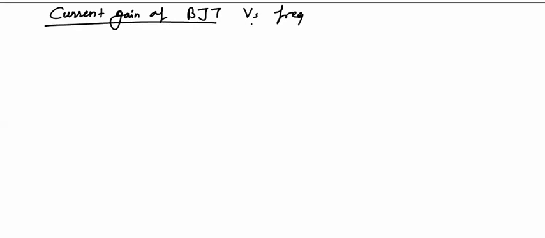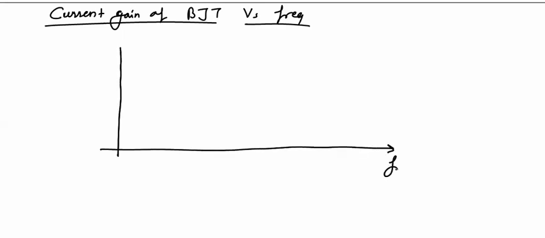At high frequencies, we will see how the operation of BJT is affected, means current gain is affected by these junction capacitances. At low frequencies, the current gain of BJT is sufficiently high, that is minus HFE, and as we increase the frequency, the current gain starts decreasing, and we obtain a curve like this.